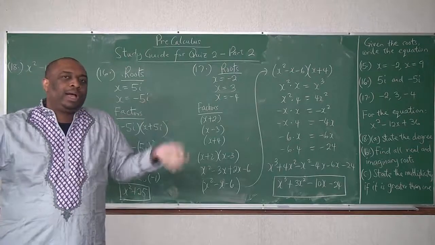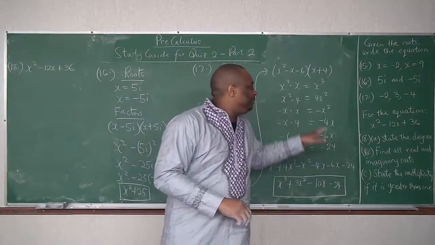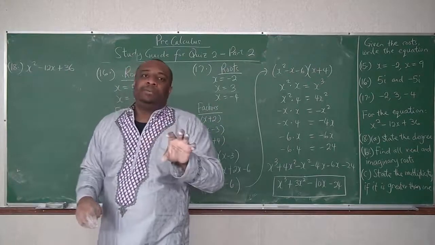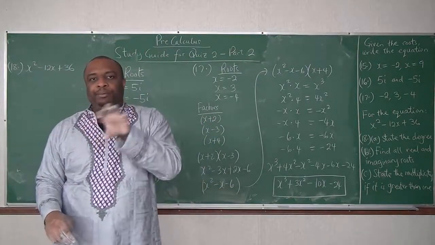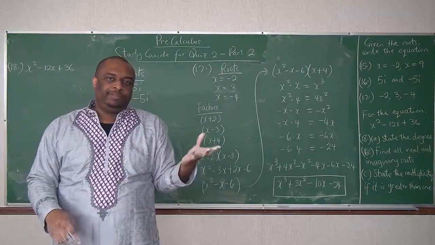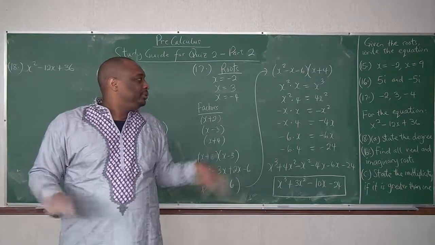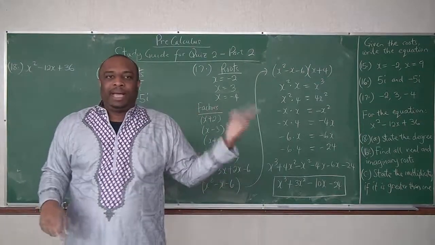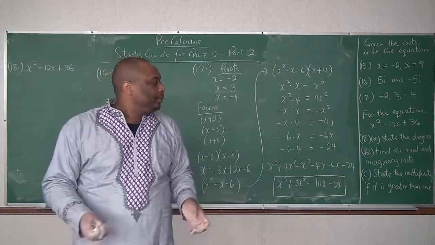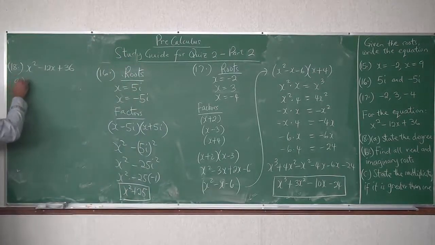If you had xy, then it will be more than a single variable. If it is a single variable, the degree of the polynomial is the highest exponent of the variable. You have 2 and you have 1, but the highest exponent is 2. So degree is 2.